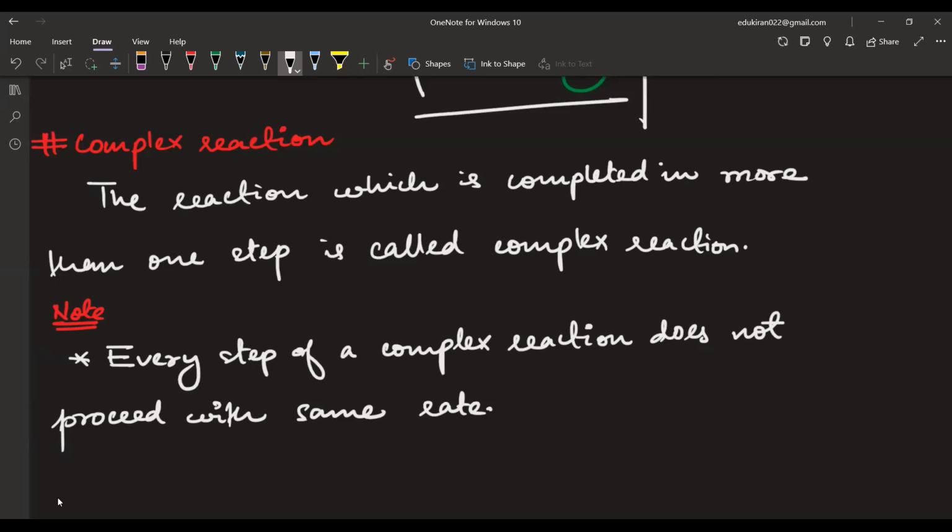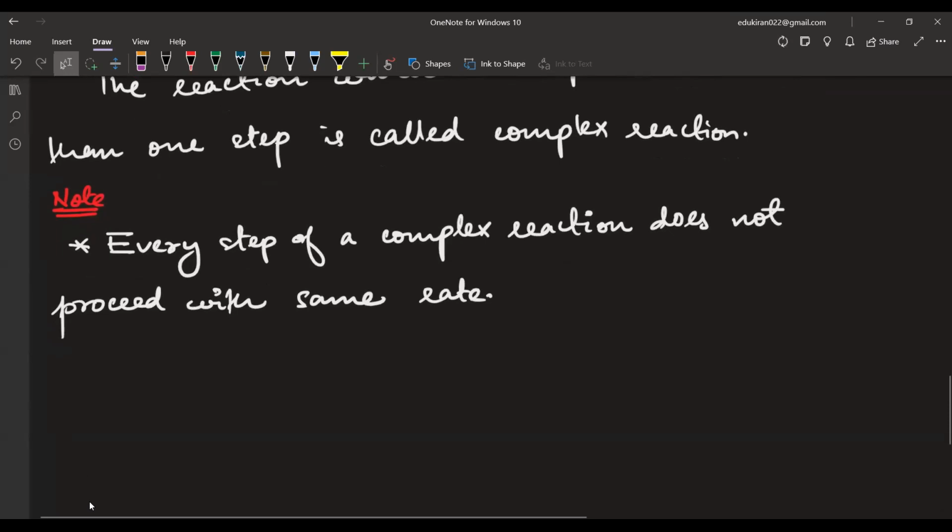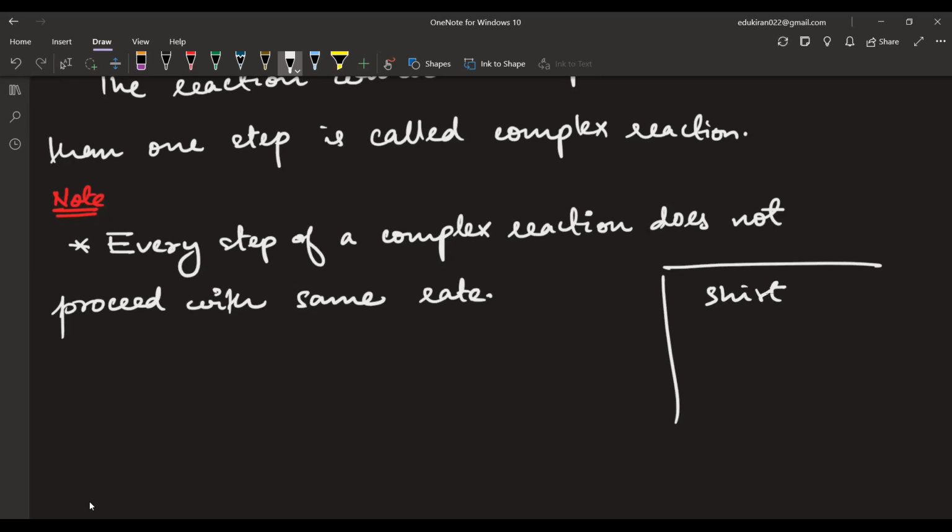Okay. Now, let me ask you one very common thing. Think of a situation. You have washed your shirt, your t-shirt, and your jeans also. Now, in order to dry, the shirt takes, let us say, 10 minutes. The T-shirt takes 5 minutes.